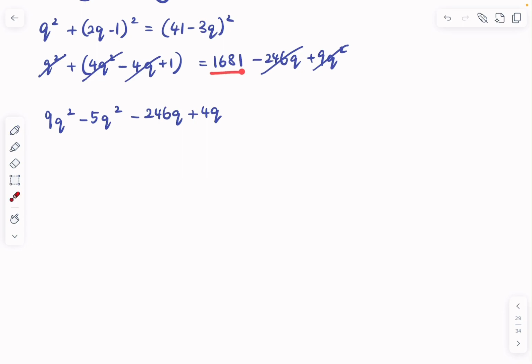Okay. 1681 minus 1 is 1680. Right, simplify further. 9q square minus 5q square, 4q square. Negative 246 plus 4, negative 242q. Then 1680.